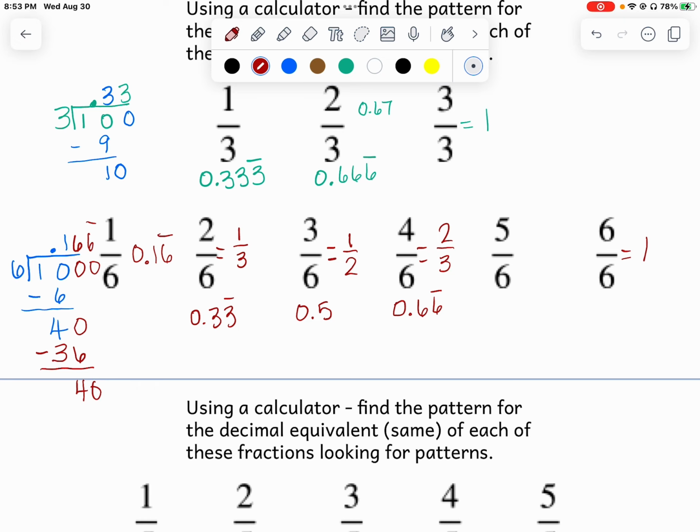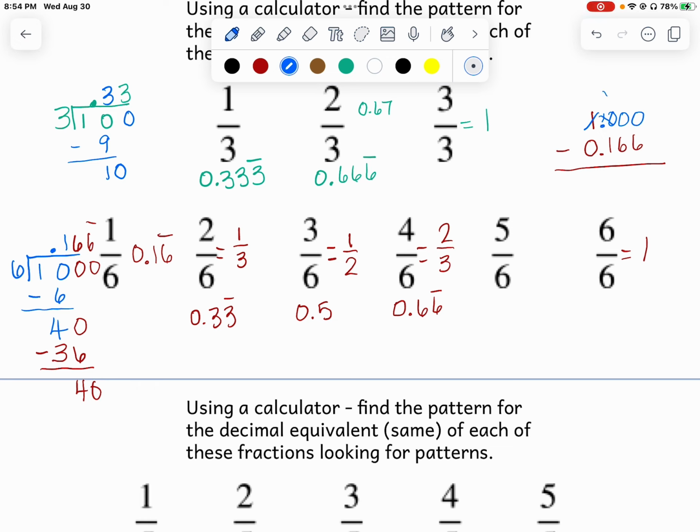So if you took 1 minus 0.166 repeating, all of a sudden we've got the borrowing problem that never ends. Since I can't subtract 0 and 1, I'm going to bring over the 1, and 10 minus 1, but I can't do that yet.